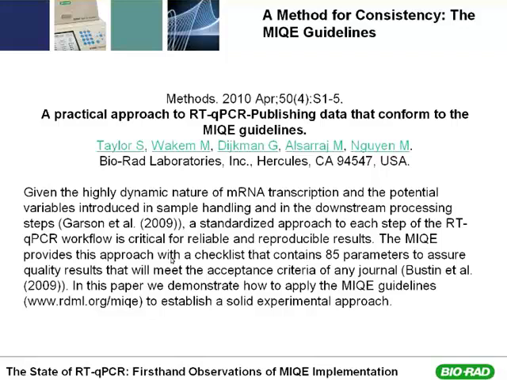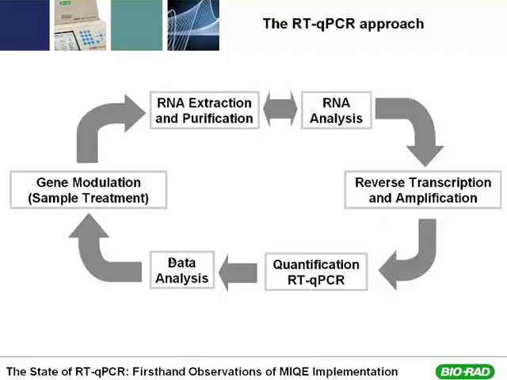So let me walk you through experimental design very quickly for a qPCR experiment according to this recent publication. First of all, as we all know, designing a qPCR experiment involves several steps, and we start by treating a sample. This is particularly geared towards a gene expression experiment. After sample treatment, this would follow the RNA extraction and purification step.